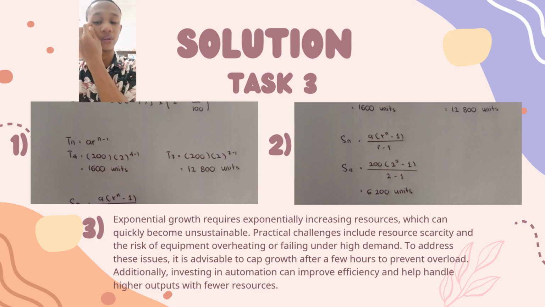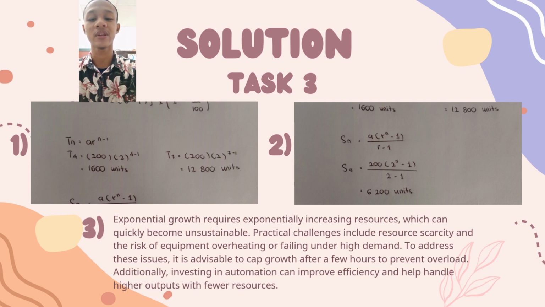For the 7th hour, we just substitute the 4 with 7 and we get the answer 12,800 units. For the second question, we use the formula Sn equals A times (R to the power of n minus 1) over R minus 1, and we get the answer 6,200 units.